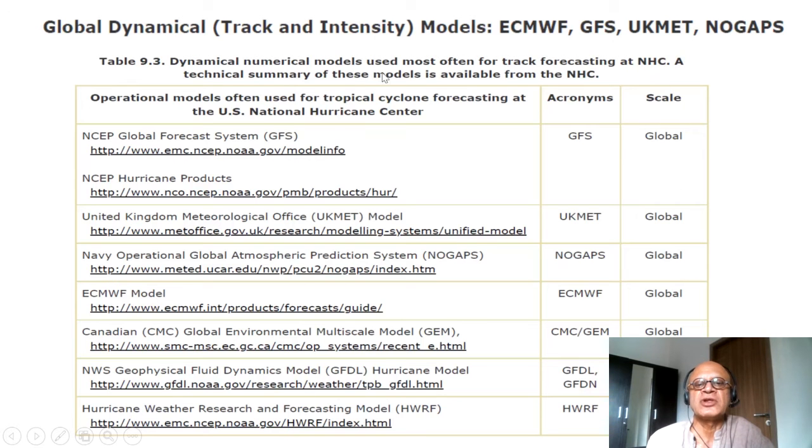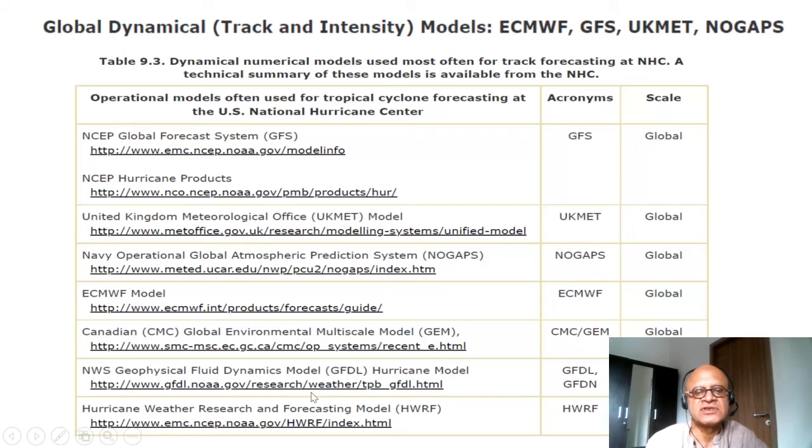These are the dynamical numerical models used most often for track forecasting at the National Hurricane Center. A technical summary of these models can be found there. Operational models often used at the Hurricane Center: NCEP GFS, Hurricane Products, UK Met Office model, NOGAPS model, ECMWF model, and the Canadian Global Environmental Multi-Scale model called GEM.